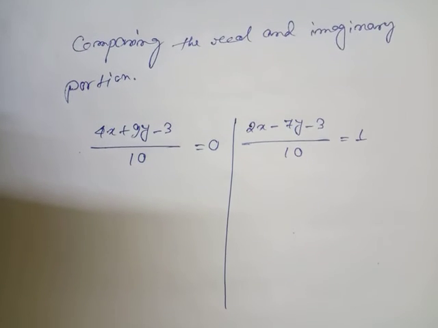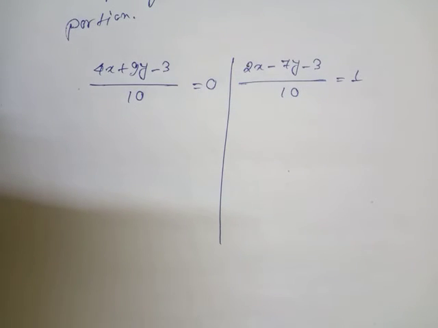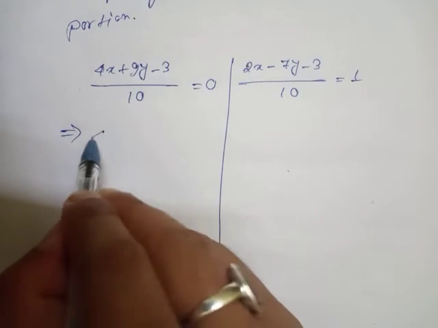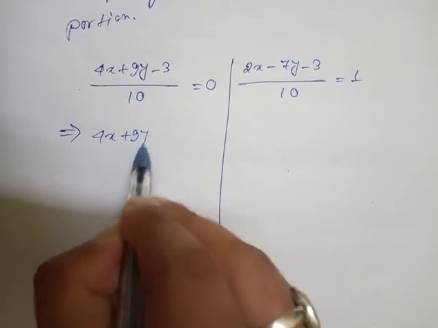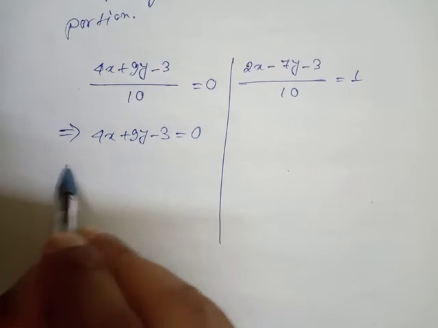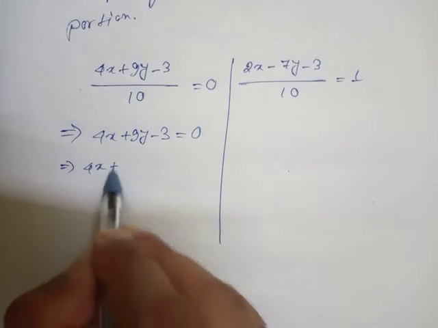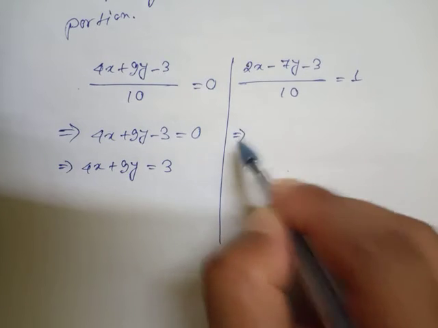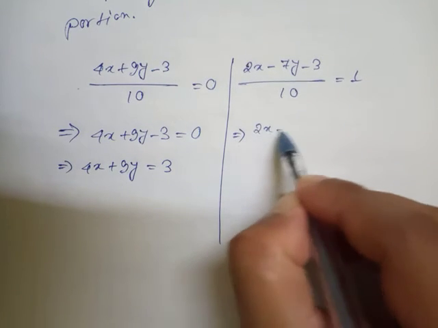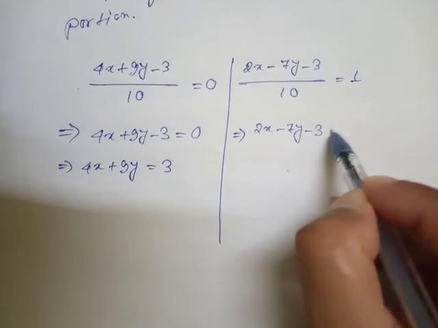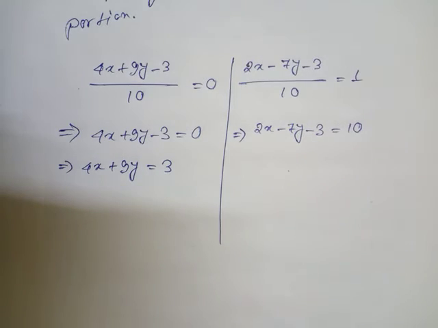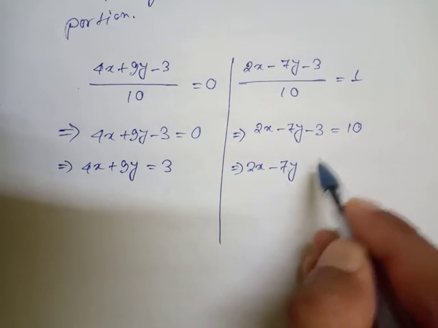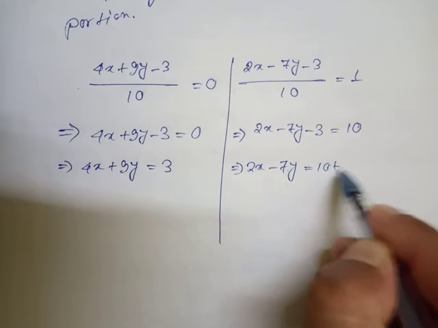Now look student, go for the cross multiplication. So 4x plus 9y minus 3 equal to 0, then 4x plus 9y equal to 3, and there is 2x minus 7y minus 3 equal to 10 for the cross multiplication, and 2x minus 7y and 3 will be there, so 10 plus 3 is 13.